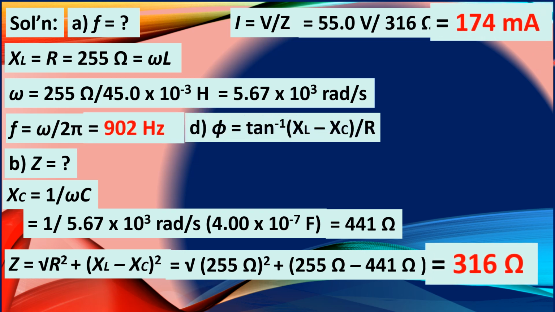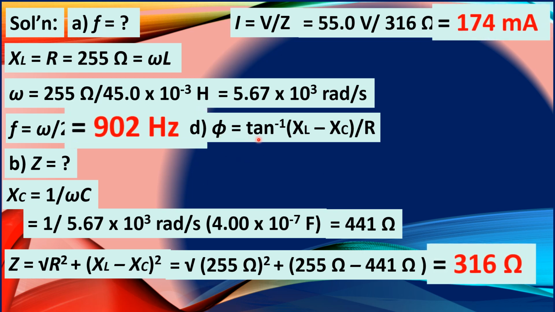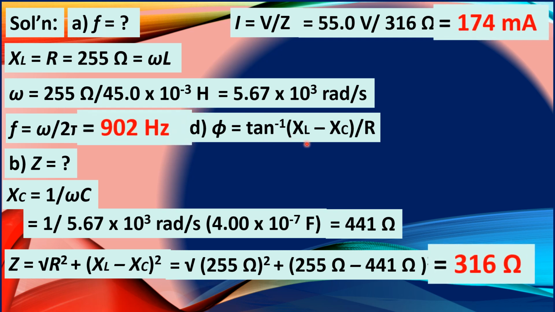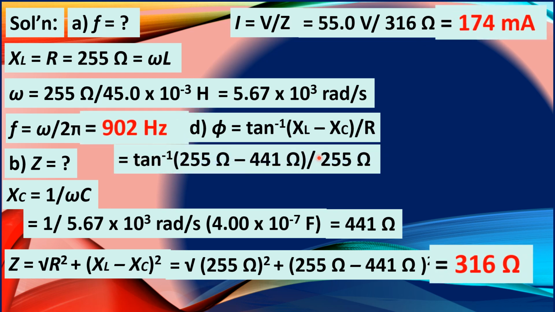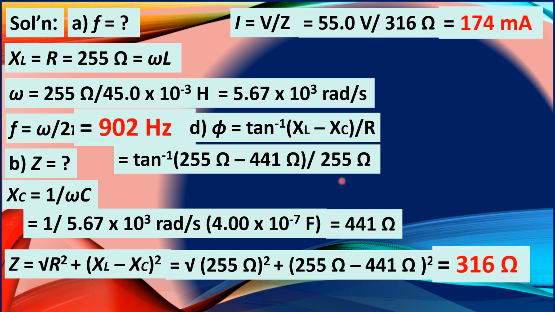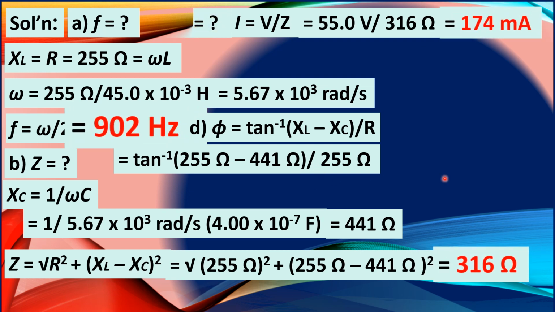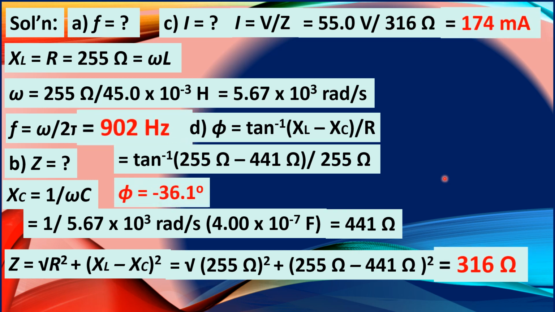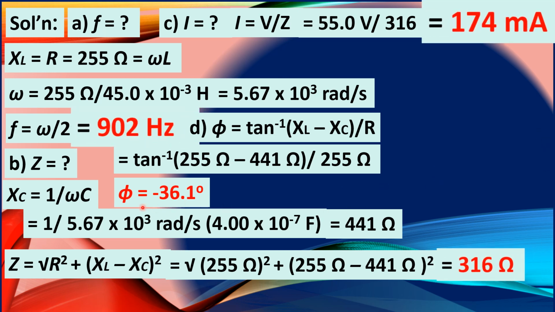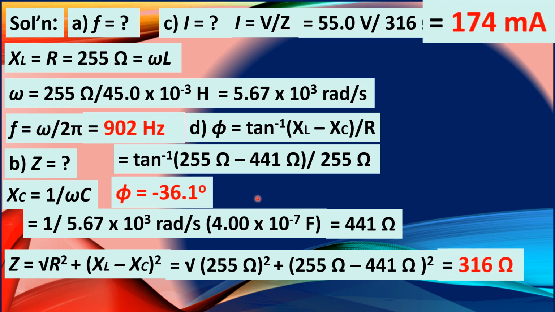We will also get the phase angle phi using the formula. Angle phi equals arctan of quantity X of L minus X of C divided by R. Substituting, angle phi is equal to arctan of 255 ohms minus 441 ohms to be divided by 255 ohms. And we will get the value for the phase angle phi, that is equal to negative 36.1 degrees.